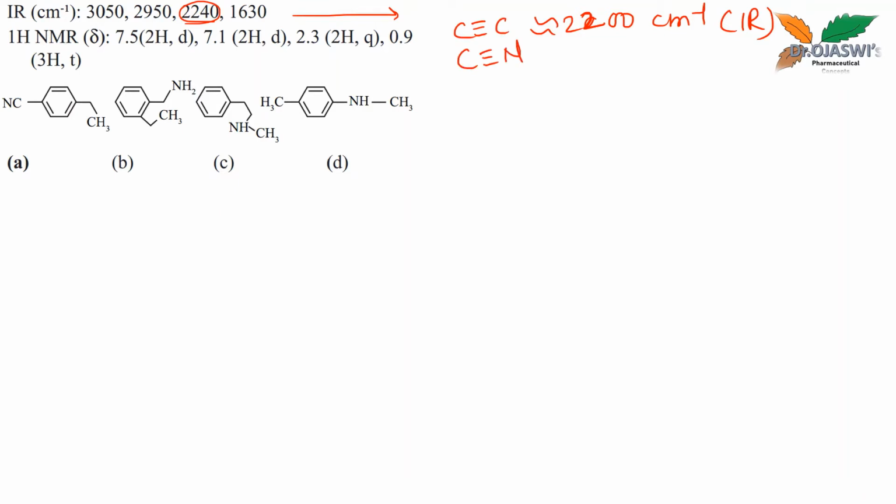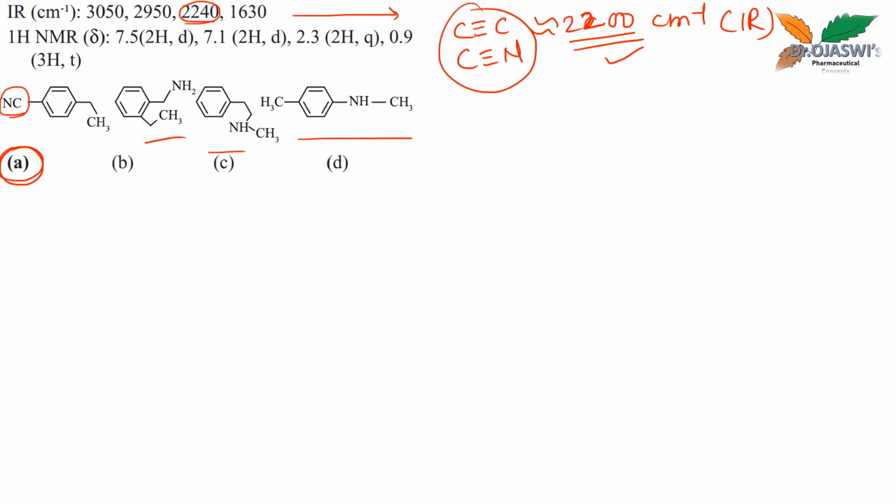That is very characteristic and that is the first point of confirmation for the triple bond between carbon and carbon or carbon and nitrogen. So if I see here, yes, I see C triple bond N, and here it is not in the structure, not here, not here also. So according to me, this is the first structure coming in my mind which could be the correct option here. Let us confirm from NMR data.